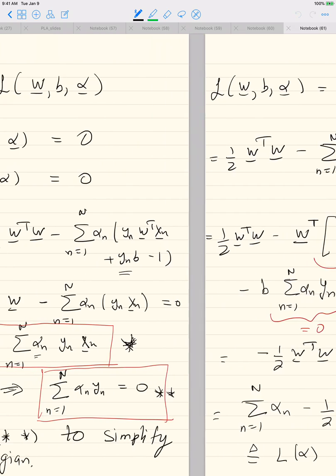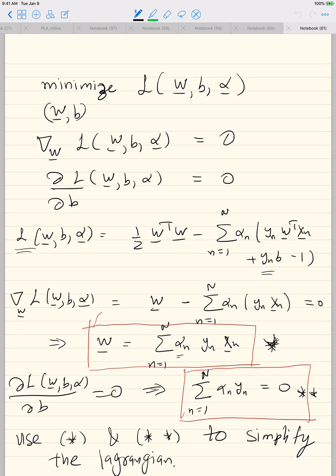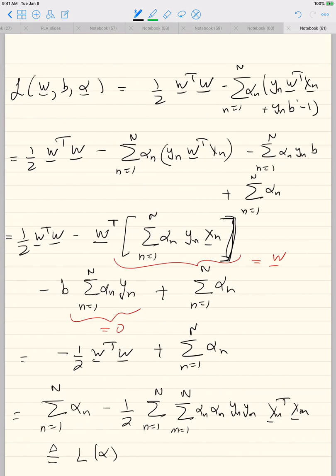If we go back and see what constraints we had, we had star and double star. We had two conditions. The first one was not really a constraint. It tells us how to compute W from the alpha n's. But the second condition is a clear constraint because we are taking the sum of alpha n yn and setting it to 0.